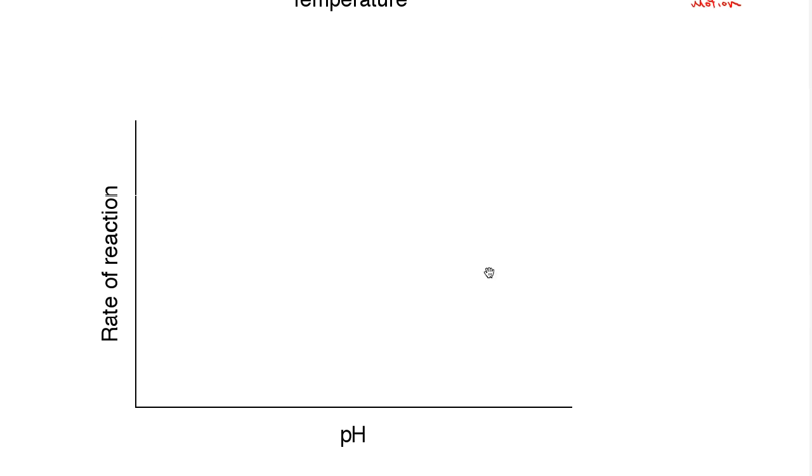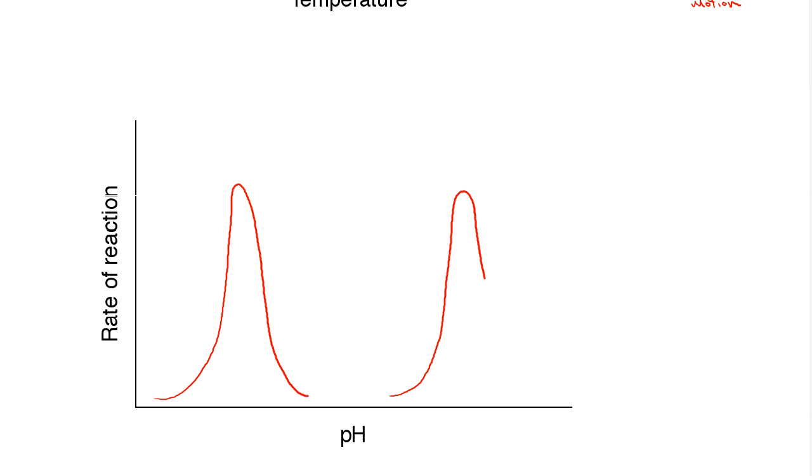Let's look at pH. Just like there is an optimal temperature at which enzymes are most effective, there are optimal pHs as well. And again, this has to do with the fact that the chemical environment of an enzyme affects its three-dimensional shape. So one enzyme might be most effective at a particular pH, whereas another one is most effective at a higher pH.